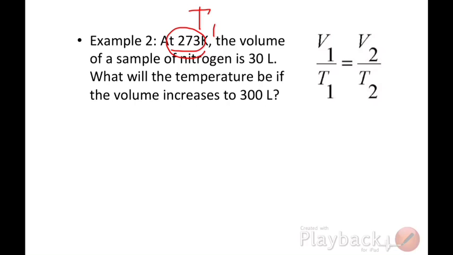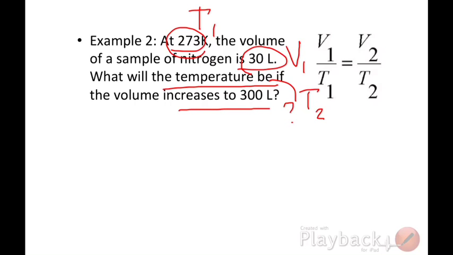The volume of a sample of nitrogen is 30 liters. This is V1 because liters is volume. What will the temperature be? That means we don't know T2. T2 is our question mark. If the volume increases to 300 liters, 300 liters is our V2.